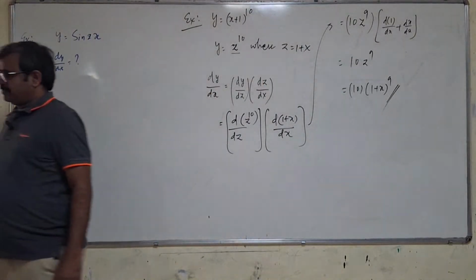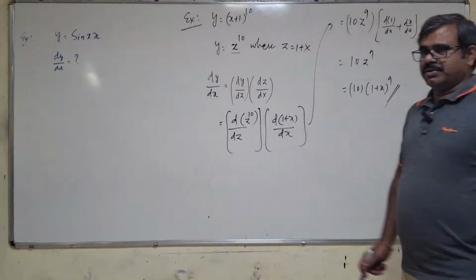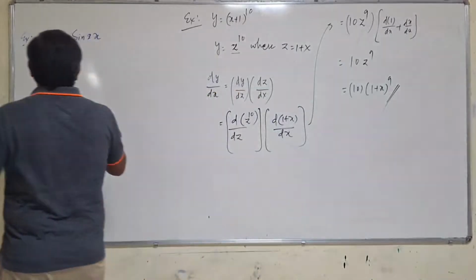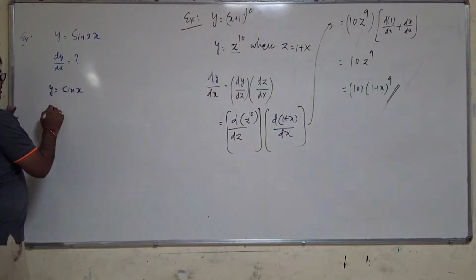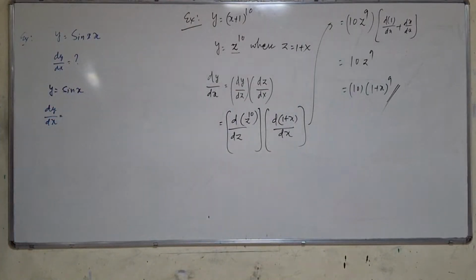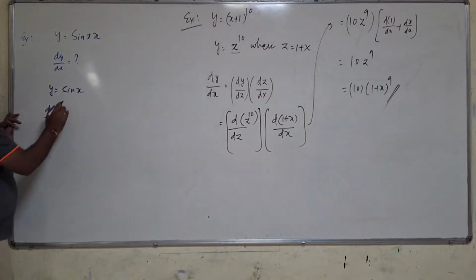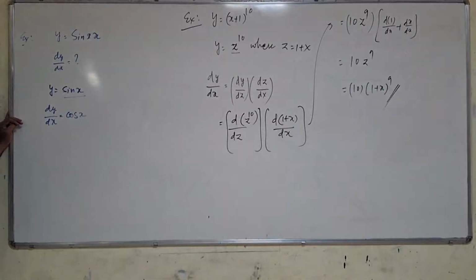I'll leave it. One minute. All right. Listen to me, please. We know if y is equal to sin x, we know dy by dx is equal to cos x.